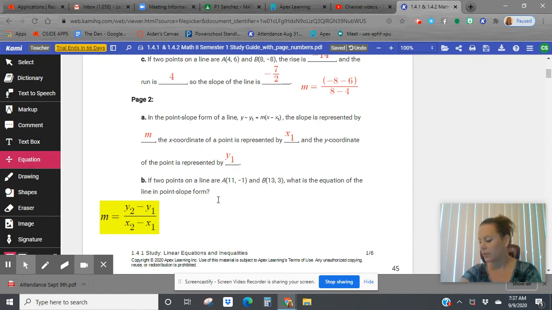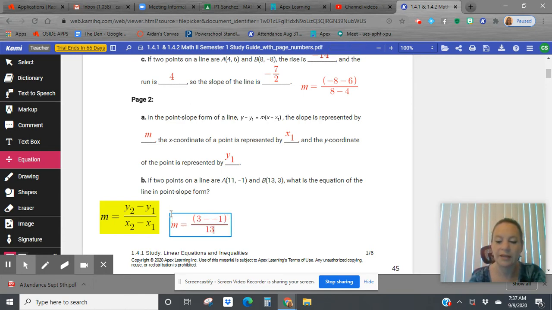If 2 points are on a line, what is the equation of the line in slope intercept form? I'm sorry, in point slope form. So we still need to start with this formula just to get the slope. So we're going to go 3 minus a negative 1. It's going to turn into 3 plus 1 over 13 minus 11. So that gives us 4 over 2, or just 2.